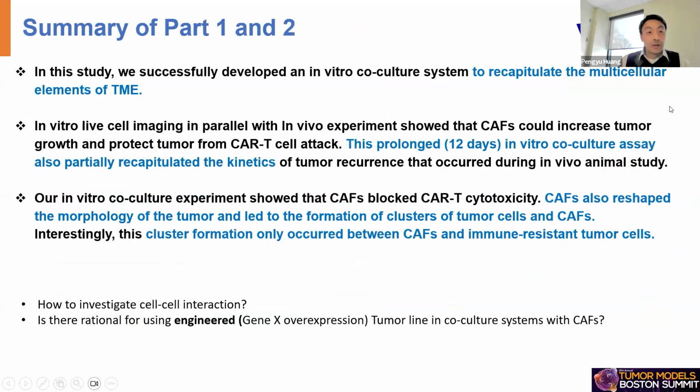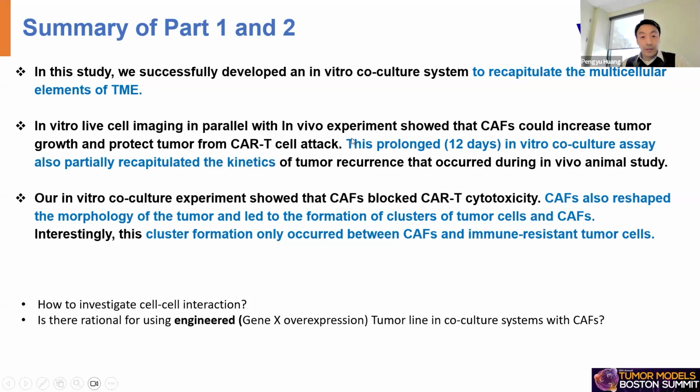Okay, so here is the summary for part 1 and part 2. As you see, we successfully developed an in vitro co-culture system that can recapitulate the multicellular elements of the tumor microenvironment. The long-term in vitro co-culture experiment is consistent with the in vivo data.